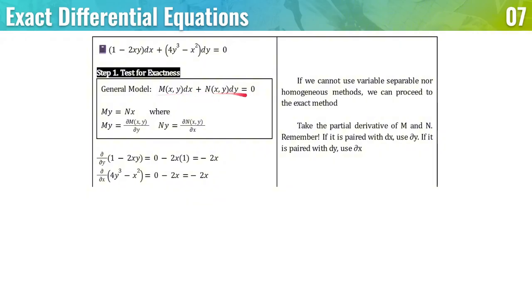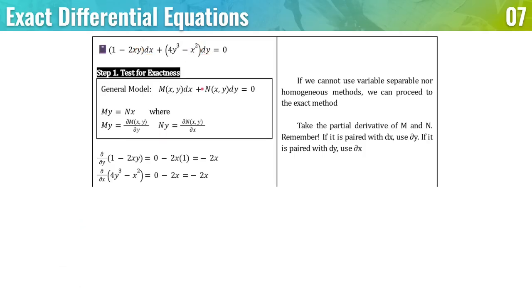So we still follow the same general model, and this time we are looking for m sub y and n sub x. So it's basically we're getting the partial derivative with respect to the other variable. So if this is dx, then you're looking for the y. If this is dy, you're looking for the x.